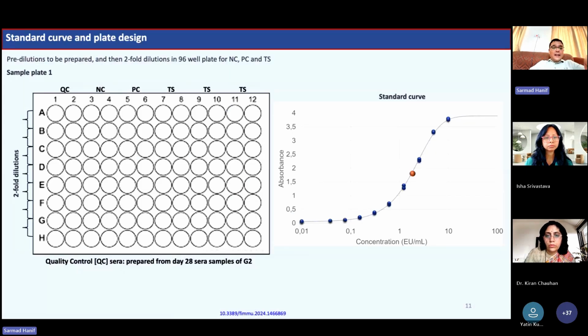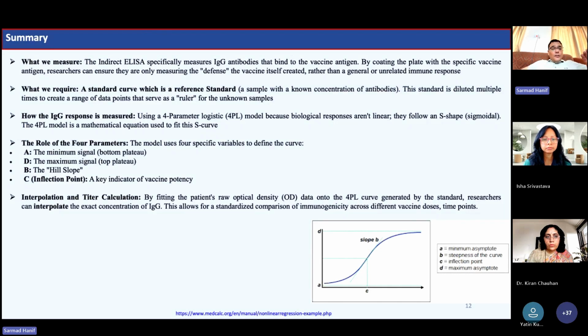If you go back and see this QC, it gives you the standard curve, a reference standard with a known concentration of antibodies. Only then can you estimate and evaluate how many antibodies are in the test samples, because you have to have a reference first.